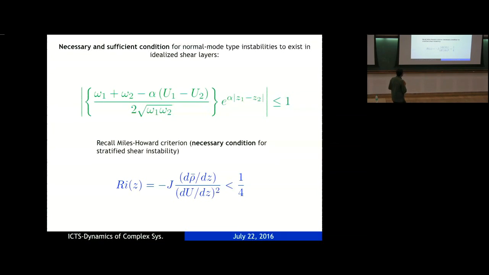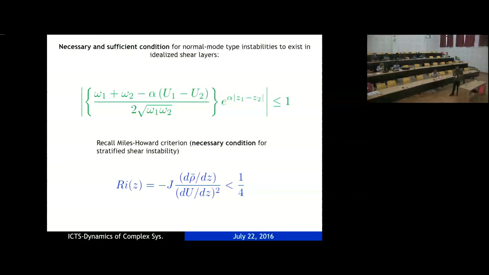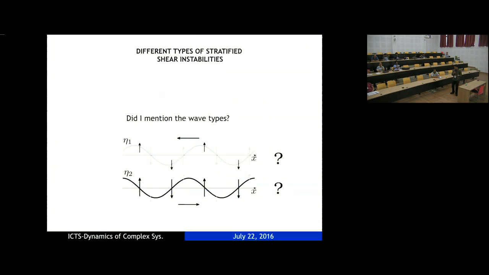So what I am trying to say is that this criterion is a necessary and sufficient condition for shear instabilities to occur. Because if this condition is satisfied, you get the phase locking. I never mentioned the wave types, but you throw in different types of waves.